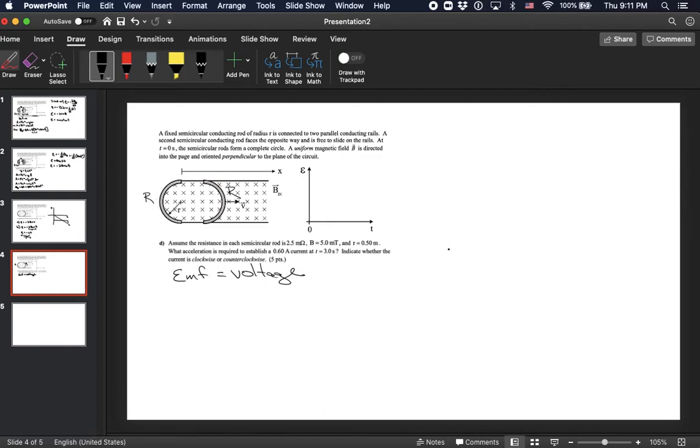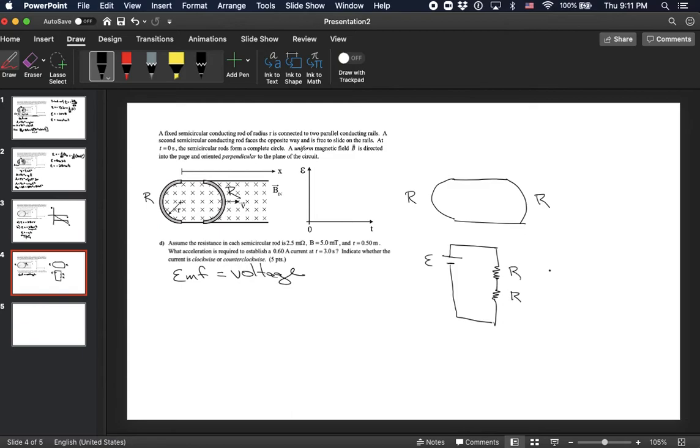So if I think about it, what I have is this R and this R, which are connected in series. So I could think about it like I have some induced voltage, the EMF there, and then I've got R and R here.